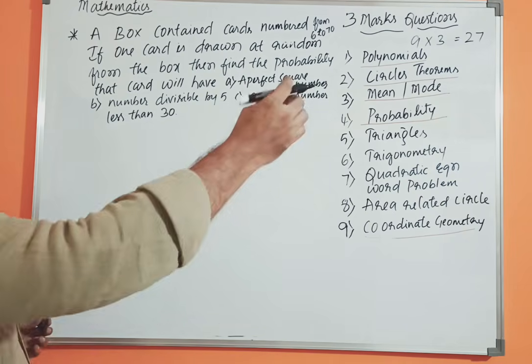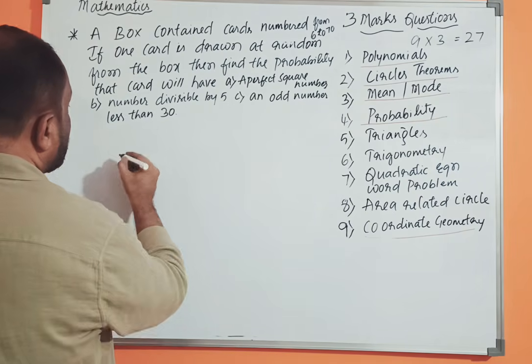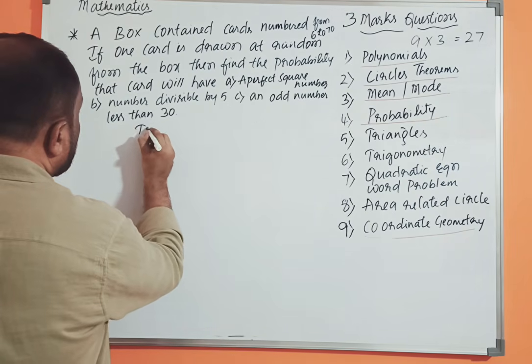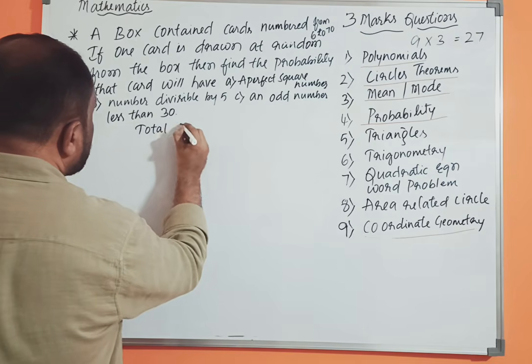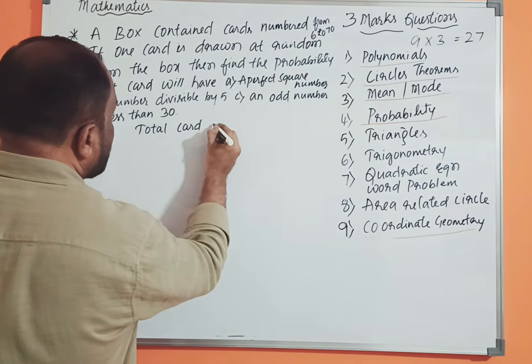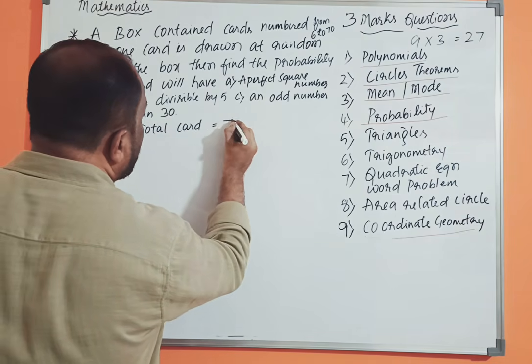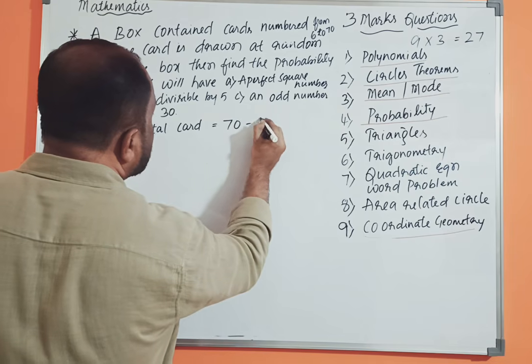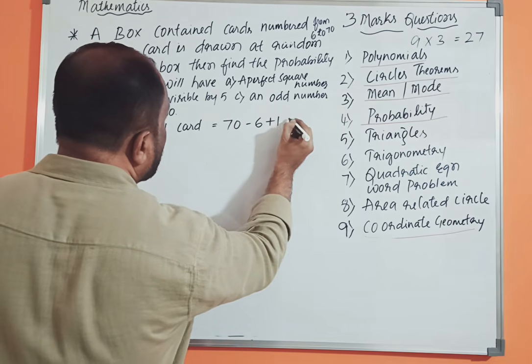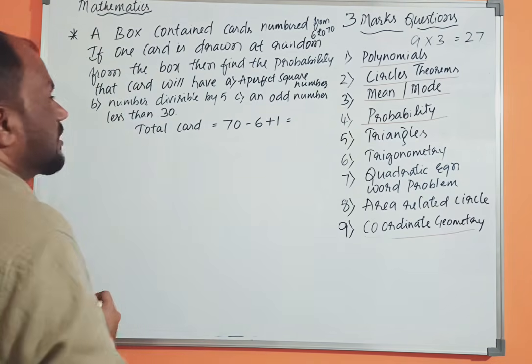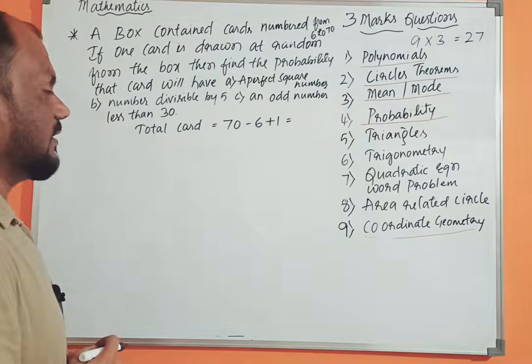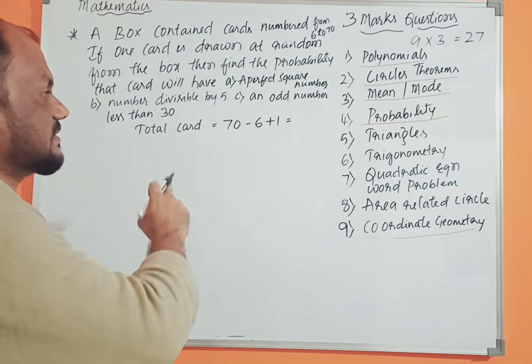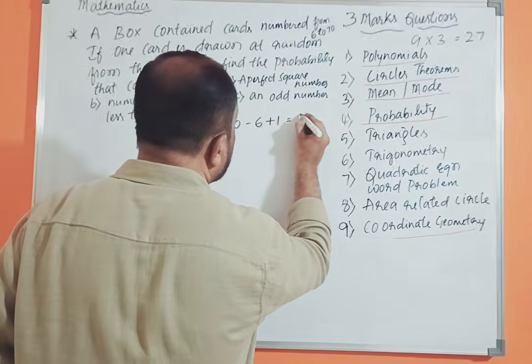First, let us take the total cards. How many cards are there? Total cards is equal to 70 minus 6 plus 1, which is 64 plus 1, that is 65.